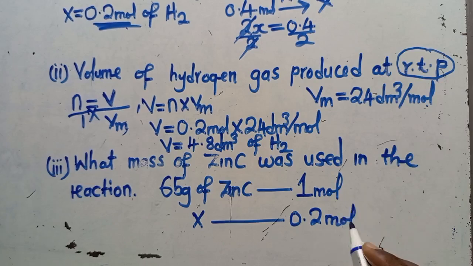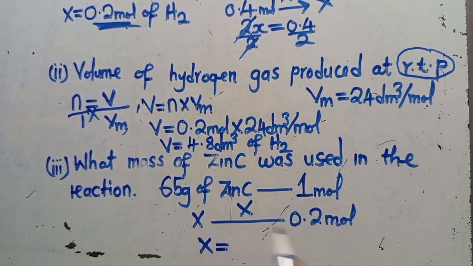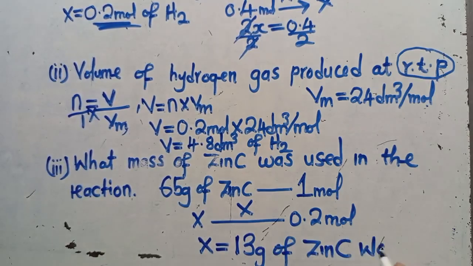Over 1, then 1 times x is x, which is equal to 0.2 times 65. I'm getting 13. So 13 grams of zinc was used.